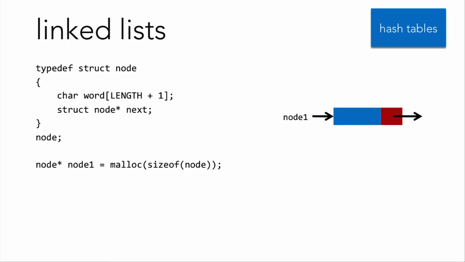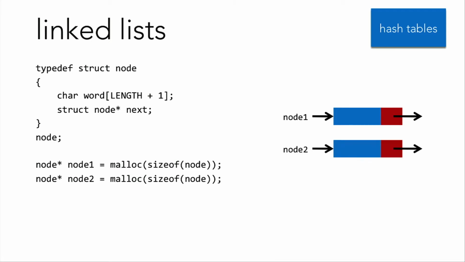So let's make a small linked list. First, you'll want to malloc your node, which creates space in memory the size of your node type. And make another node, again mallocing. Now if you want to assign a value to a word, then we might say node1->word equals "hello". This arrow operator dereferences the pointer and accesses the struct's variables.